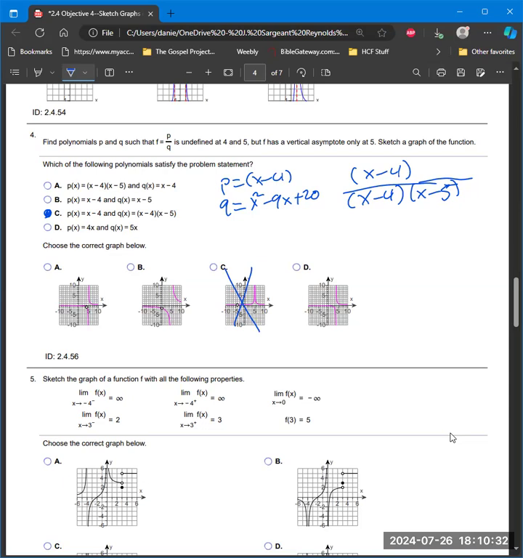Then it's not going to have an x-intercept, so it's not going to be D. And our hole is at x equals 4. So that's an A, because the hole is in the wrong place there.